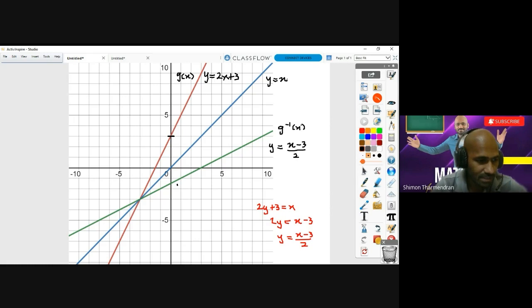Any function, the inverse is a reflection about the line y equals x. So once you draw this, you get all the 2 marks here. In your exam, this line in blue, usually we draw in a dotted line, we don't draw in a solid line, to show that this is the line of reflection.